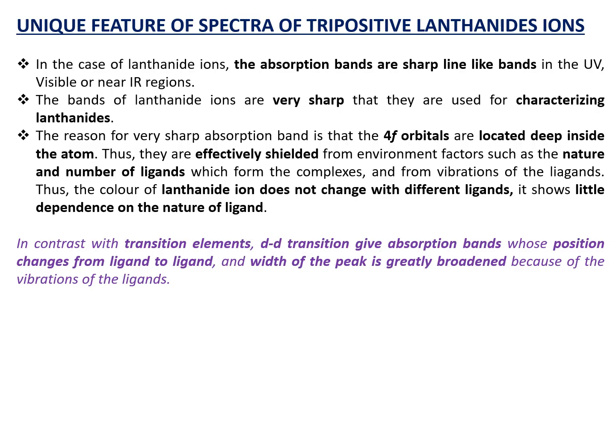The unique feature of the spectra of tripositive lanthanide ions is that the absorption bands are sharp, line-like bands in the UV-visible region. The bands of lanthanide ions are very sharp and are used for characterizing lanthanides.